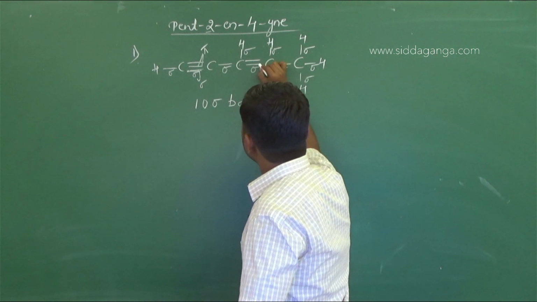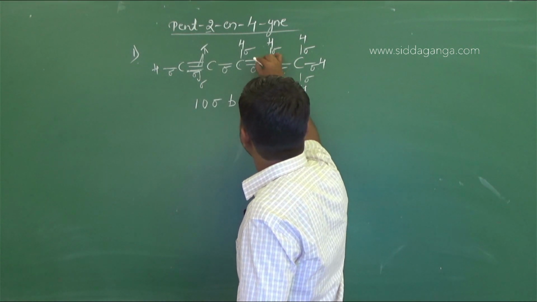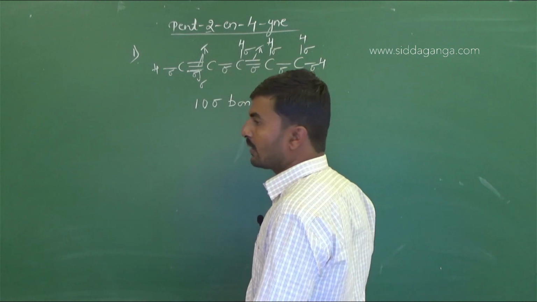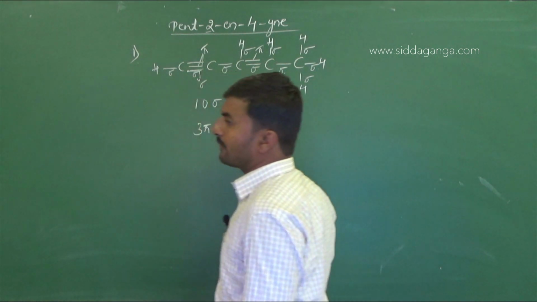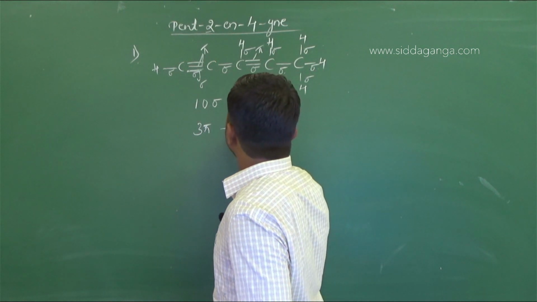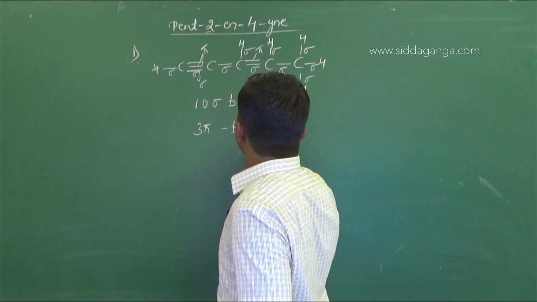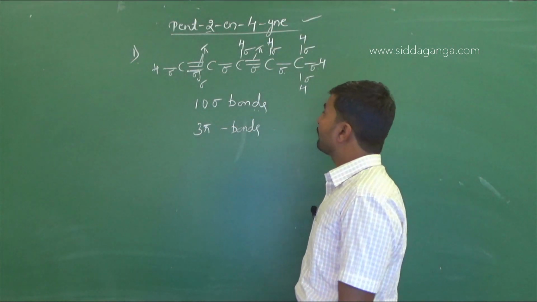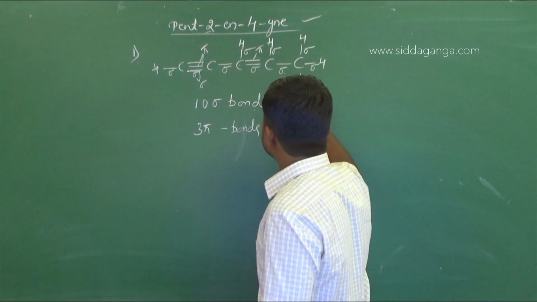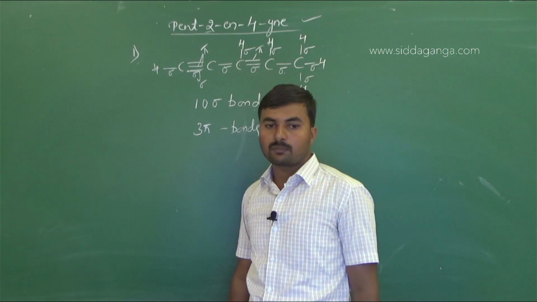Here we have two bonds, among which one is sigma and the rest is a pi bond. So in this particular structure we have three pi bonds. In total, the molecule pent-2-ene-4-yne includes 10 sigma bonds and 3 pi bonds.